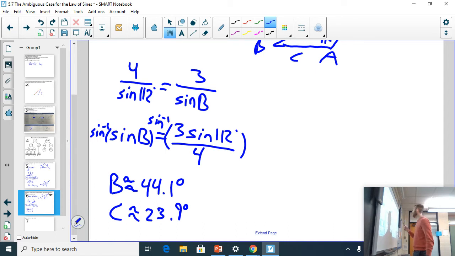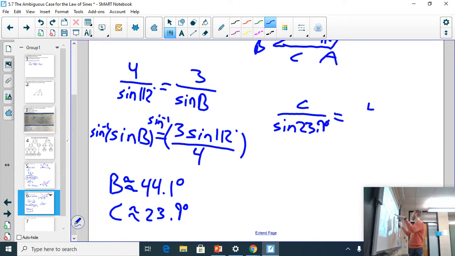And now we have the two missing angles, and now we need to find C. And so we know C all over sine of C, or sine of 23.9 degrees, and let's use the ones we have that aren't estimated, 4 all over the sine of 112 degrees.